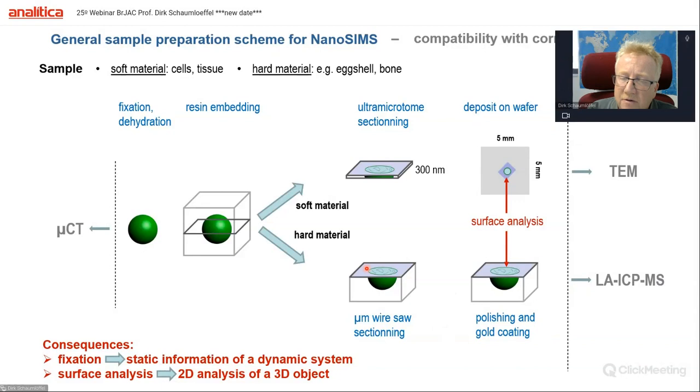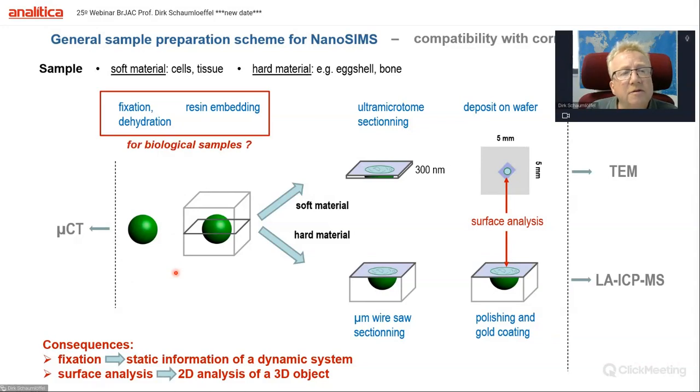When we do this kind of preparation and resin embedding, sectioning with a saw and then polishing and coating, we can also do, after the SIMS analysis, laser ablation ICPMS analysis for correlative imaging. And also what we already did, we did already microtomography. But then we have to do it before all the sample preparation procedure, with the raw material.